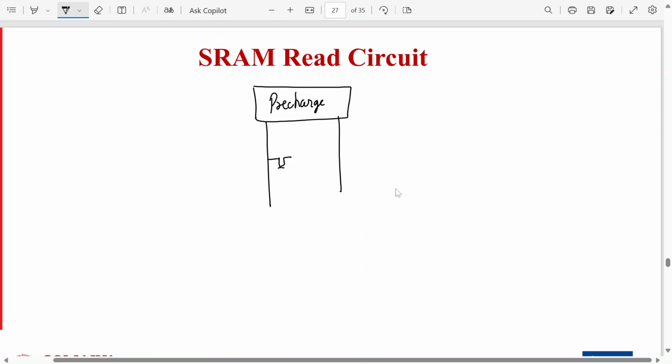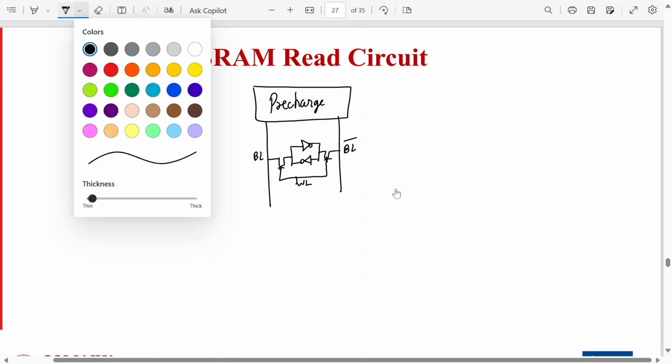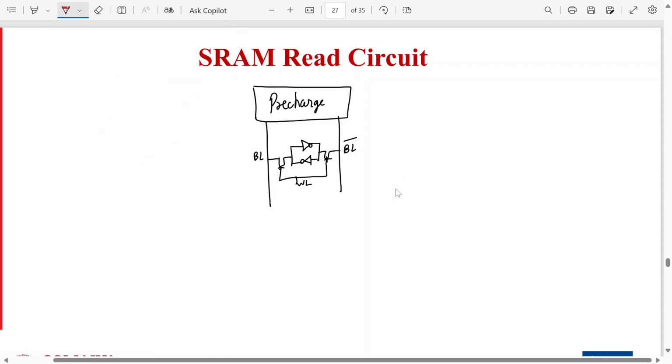You remember this one? I am drawing it in shortcut now. Okay. This is word line. This is bit line. This is bit line bar. Alright. And what did we say? This goes to a sense amplifier. Yes or no?